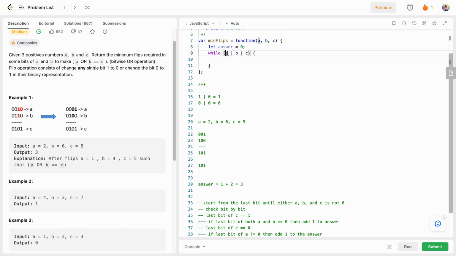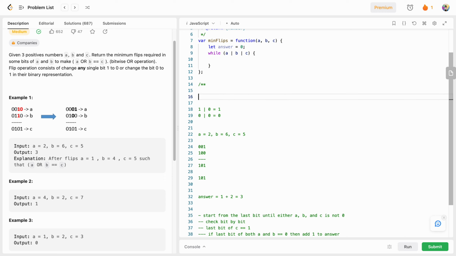So I'm doing a bitwise OR here. Bitwise OR means if either one of them is 1, we keep on iterating. If all of them are 0, then that would be equal to 0 and we will skip out of this loop.